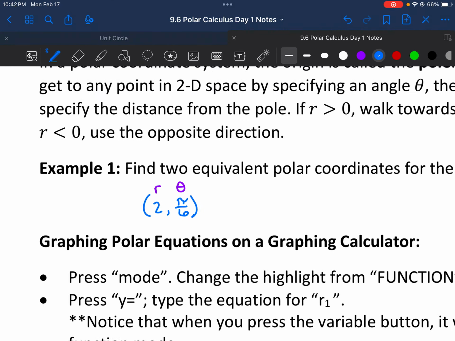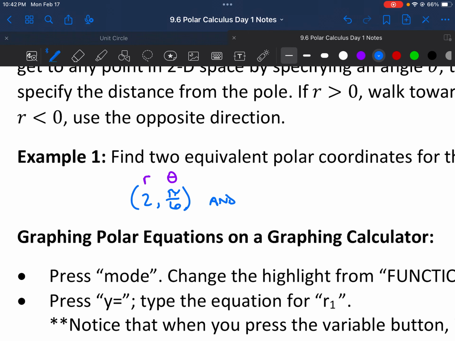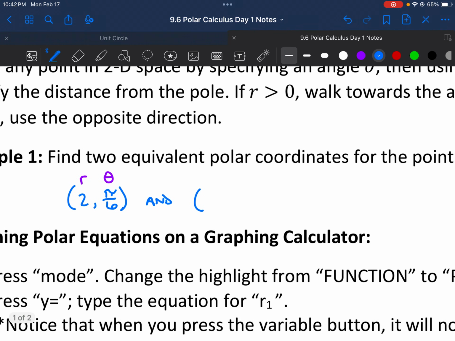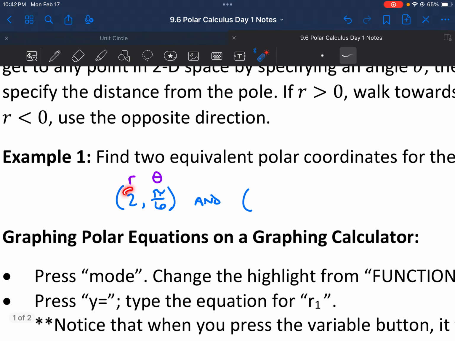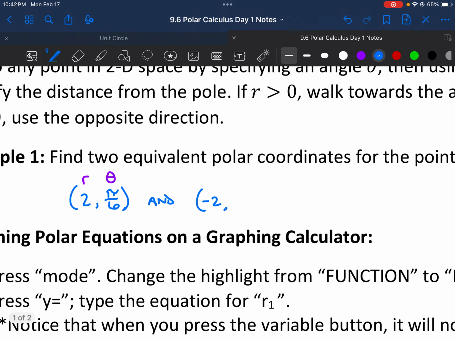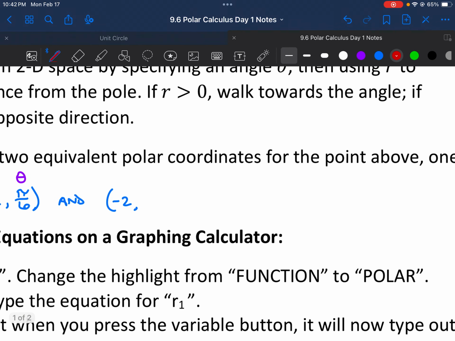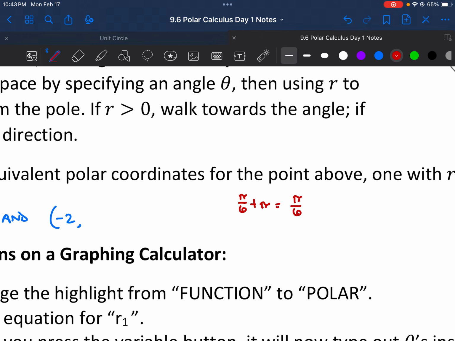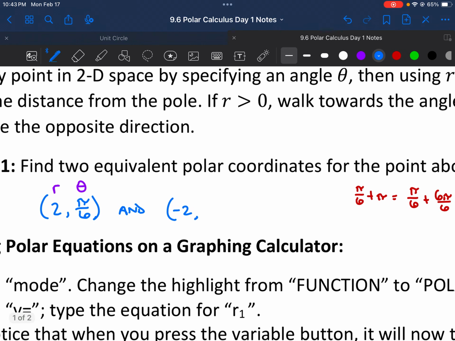Now, I know it's been a little while, but if you think back to AP pre-cal or accelerated pre-cal, if I change r from a positive to a negative number, what you do is you take the angle and you add pi to it. So if I take pi over 6 and I add pi to it, this would be the same as pi over 6 plus 6 pi over 6, which would be 7 pi over 6.